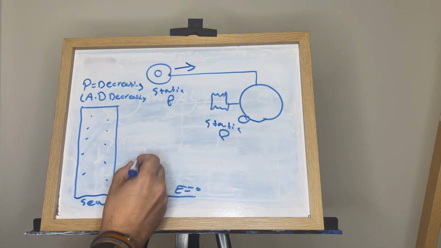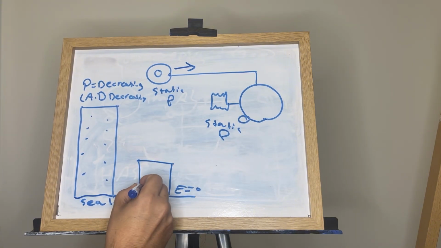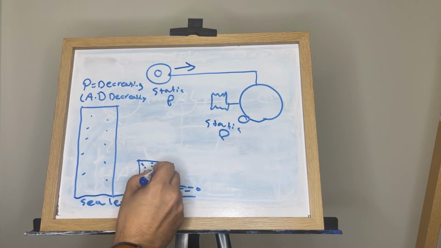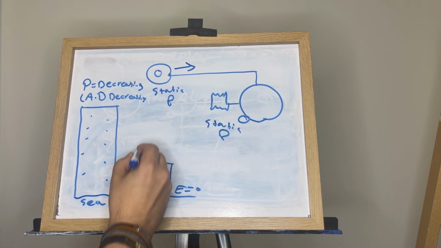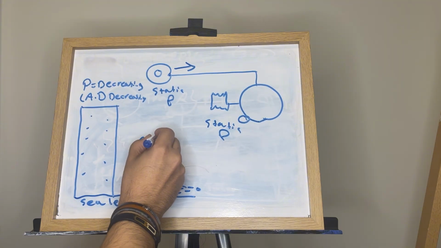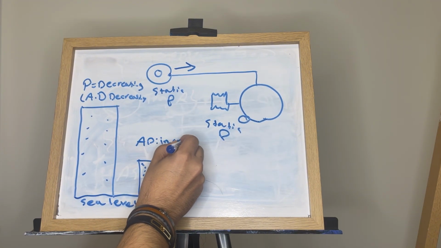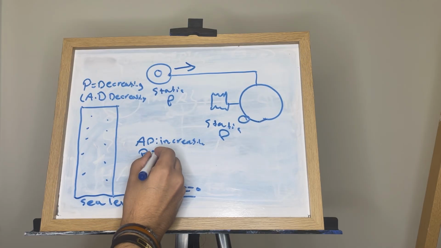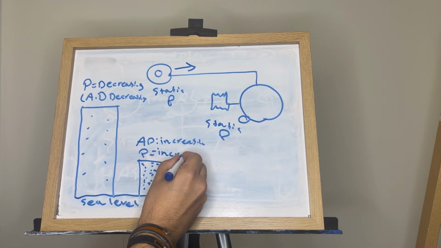How about lower altitude? In lower altitude, because there is less room between the air molecules, air density increases, resulting in pressure increasing.